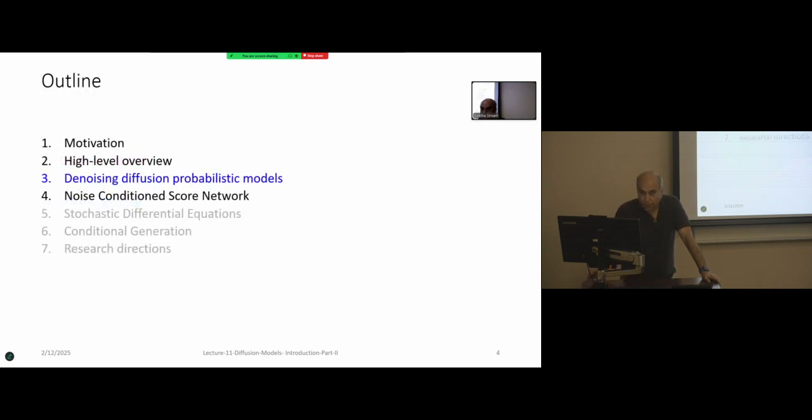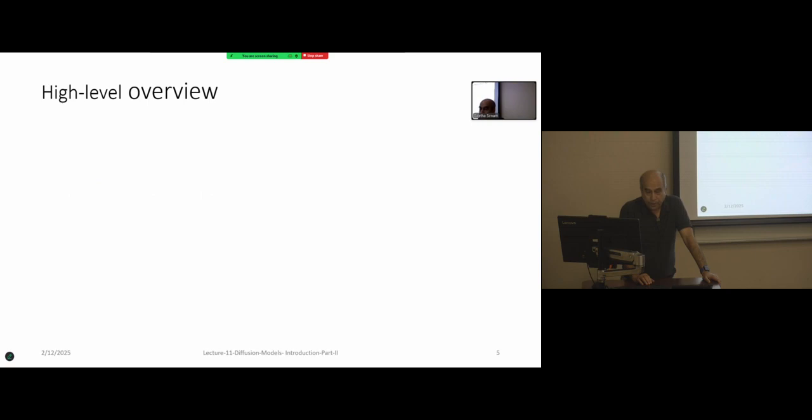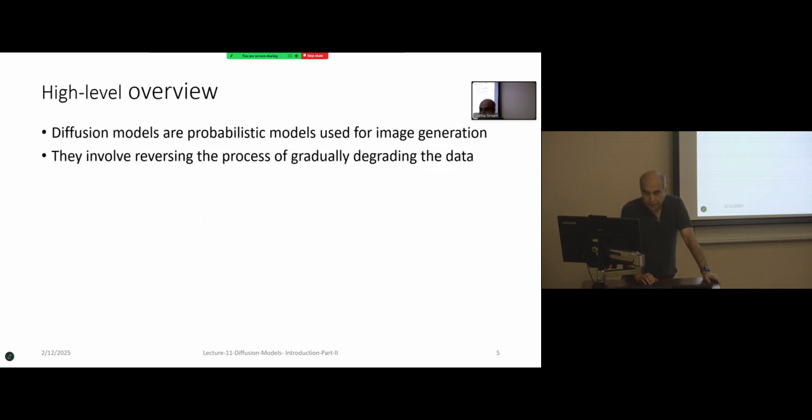Okay, so we started with the basic method, which is very simple to understand and implement, called denoising diffusion probabilistic model, DDPM. So the high-level idea of these diffusion probabilistic models is that we are taking an image, as I said earlier, we are adding noise, and basically we are destroying the data, okay?